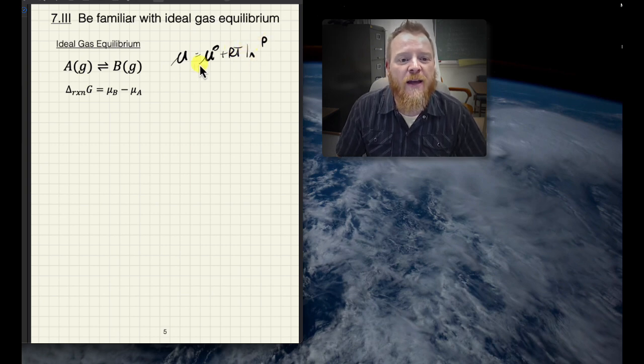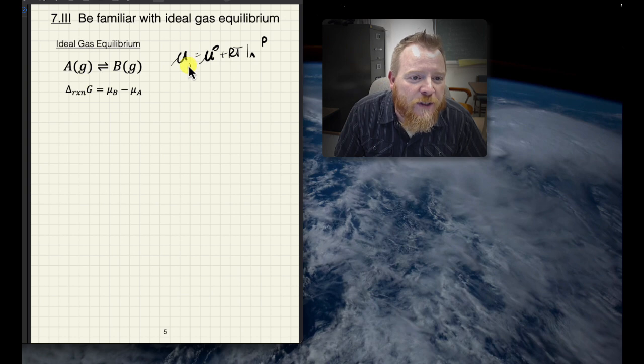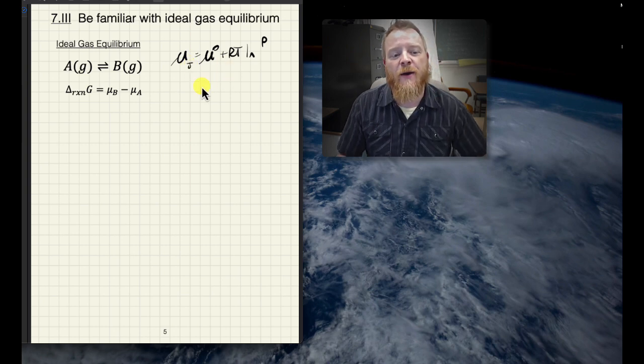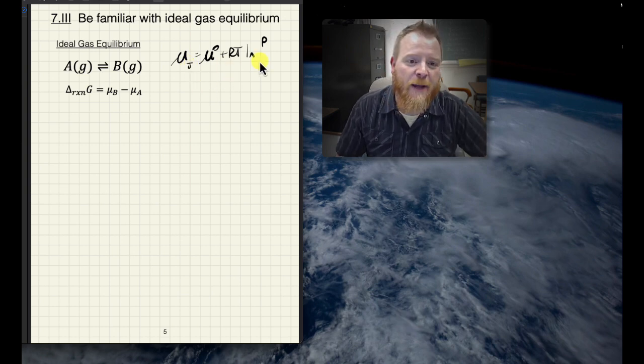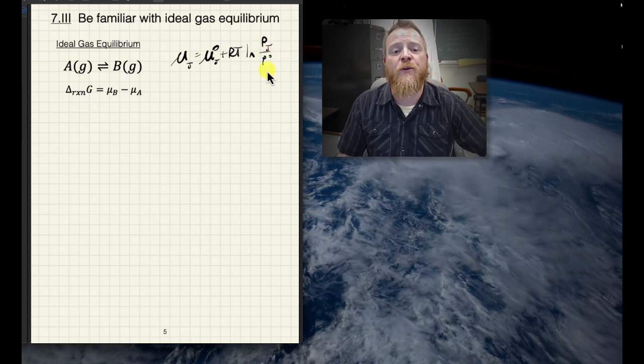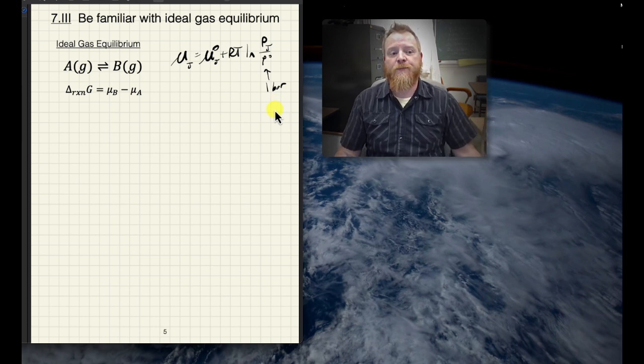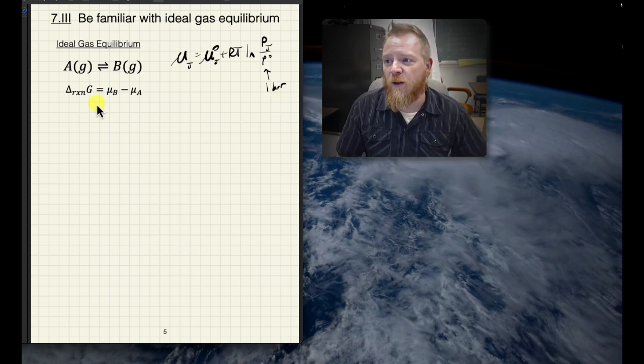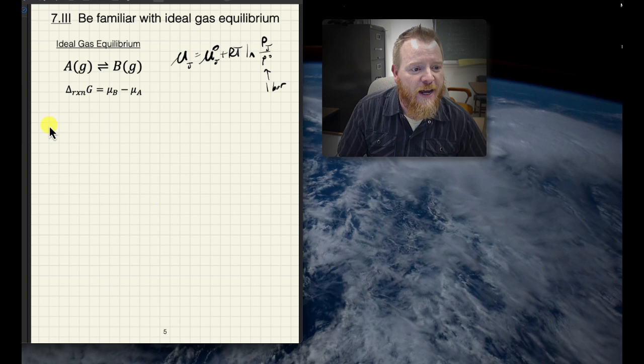I'll put a subscript J to note that we're talking about generic species J. That would be the standard potential of J, and the log is then given by the pressure of J over some reference value, which recall we take to be 1 bar. So now filling in all of that, we can say the following.